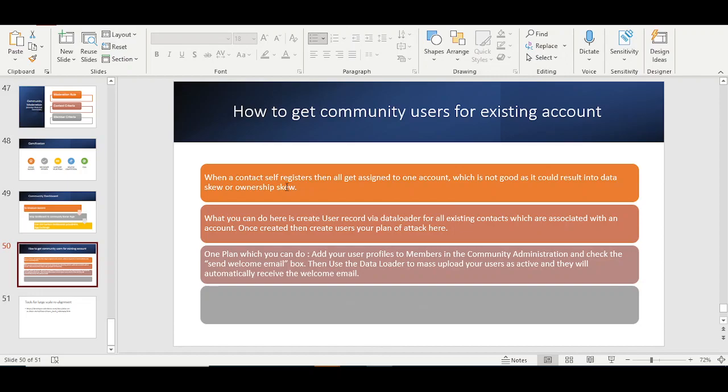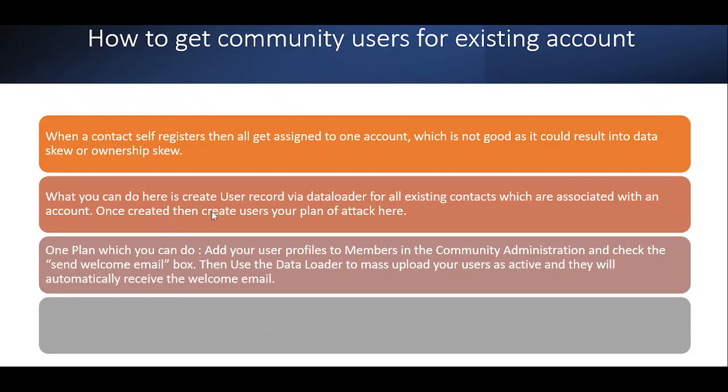So in order to avoid that, we need to have a plan of attack here. Generally, for all the contacts for which you want to create partner users, you create the user records via data loader for all the contacts which are associated with an account. When you create a user record, make them inactive.